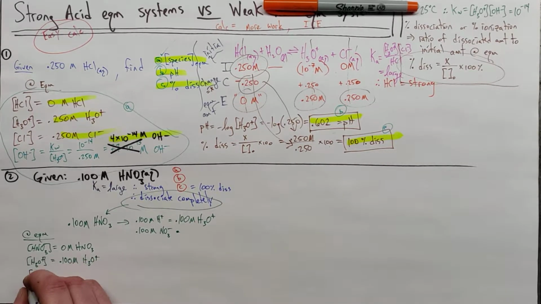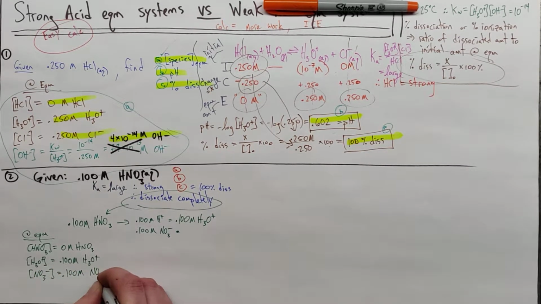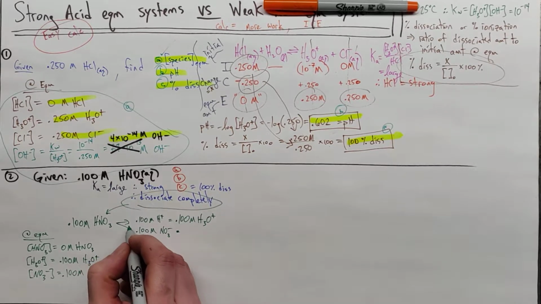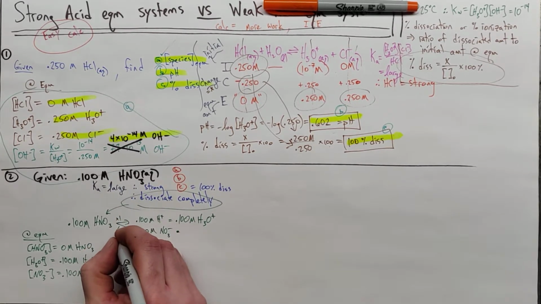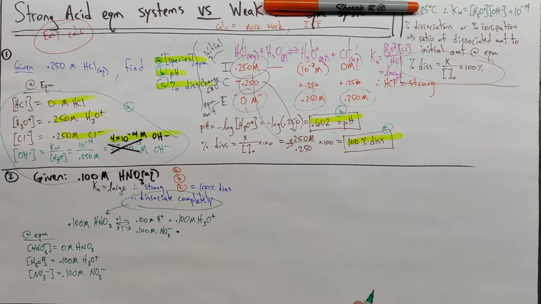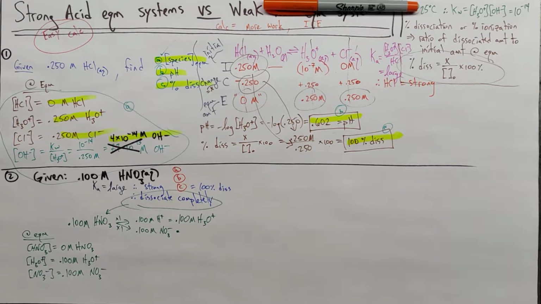We have some concentration of NO3 minus, which was 0.100 molar NO3 minus, because this dissociated completely, and you'll see me write those when I write strong electrolyte dissociations. And we still need to get some concentration of OH minus, and I'm going to put that in a different color just so it jumps out a little bit that it's taking place.